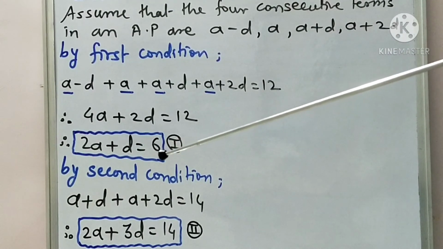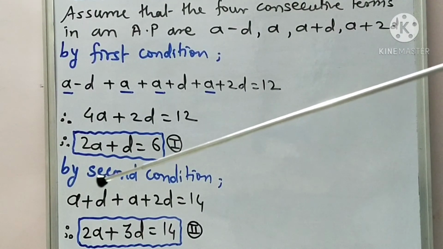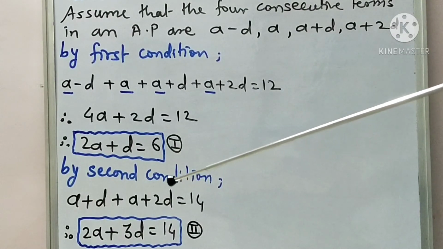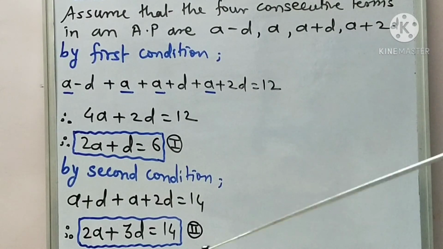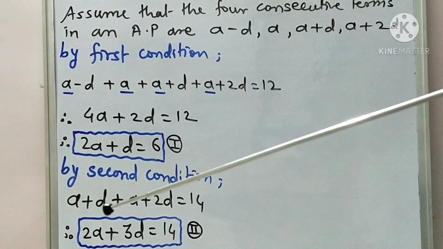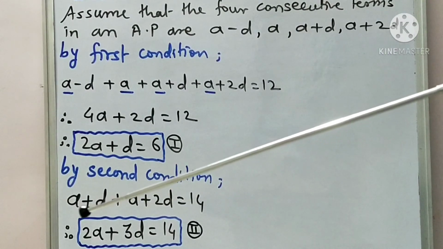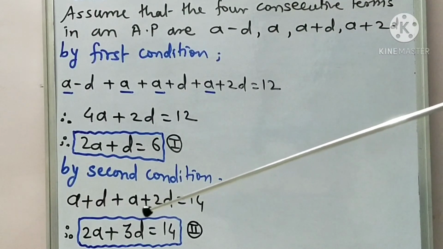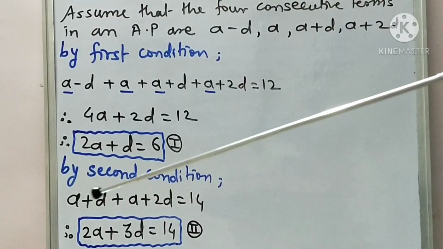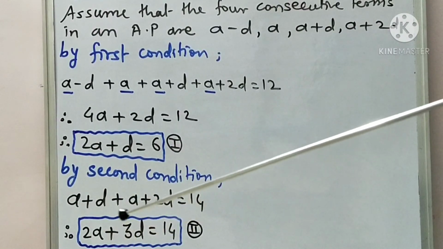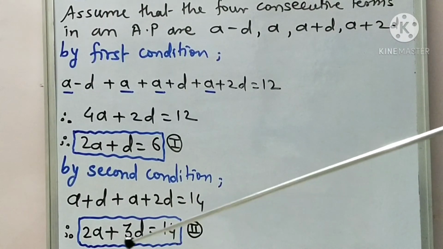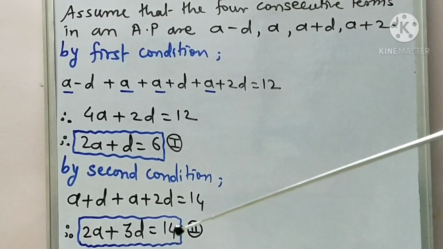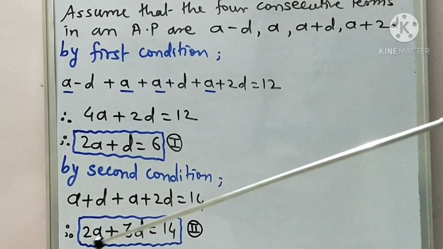Now we get another linear equation from the second condition, that the sum of the third and fourth term is 14. Substituting those values, we get a plus d plus a plus 2d equal to 14. So a plus a is 2a, and d plus 2d is 3d, equal to 14. So here also we get one more linear equation in 2 variables. Then we solve these simultaneous equations and get the values of a and d.